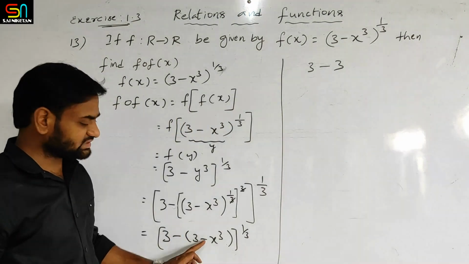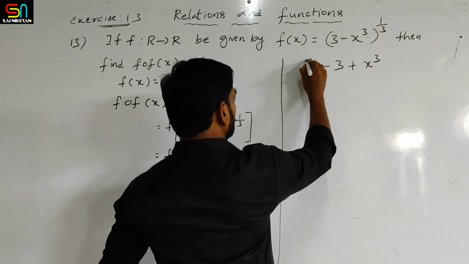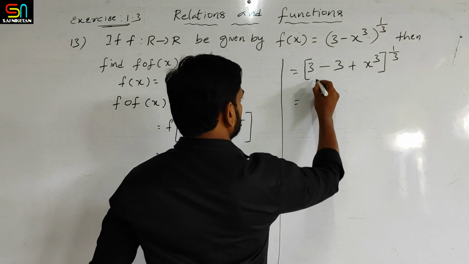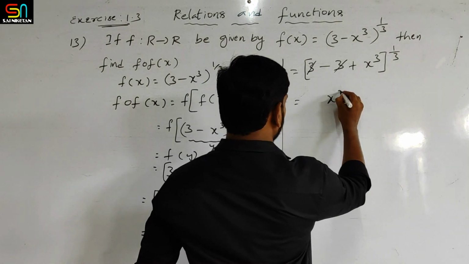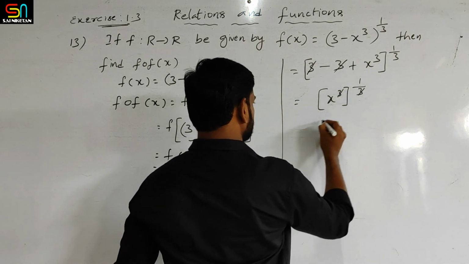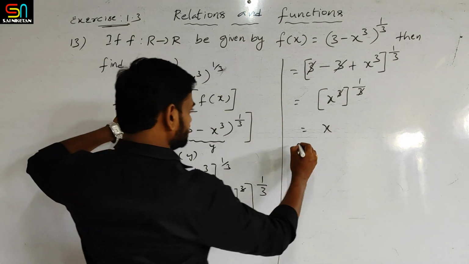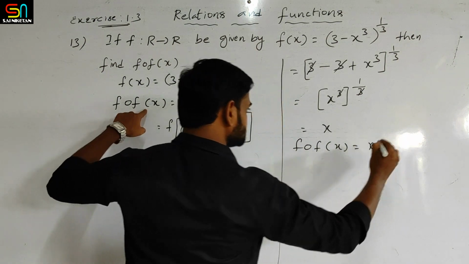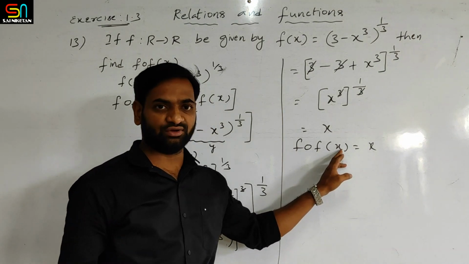Next, minus into minus is plus x cube, whole power 1 by 3. Next, the 3 gets cancelled. Now remaining is x cube whole power 1 by 3. Again the 3 gets cancelled. Remaining is x. So what do we get at the start? F circle f of x, the answer is x. So the f circle f of x value is x.